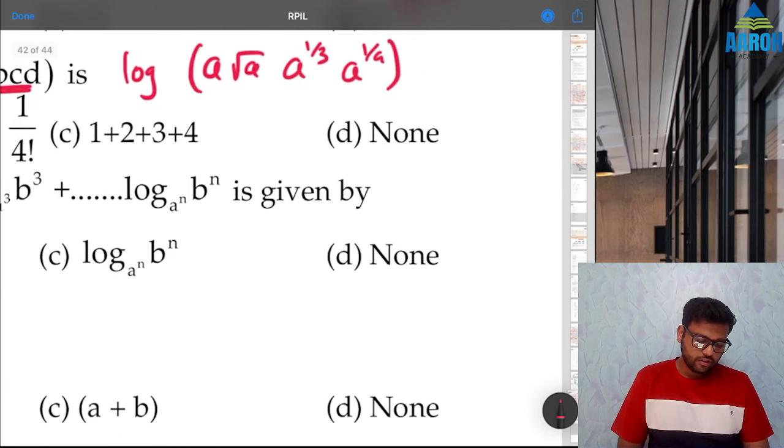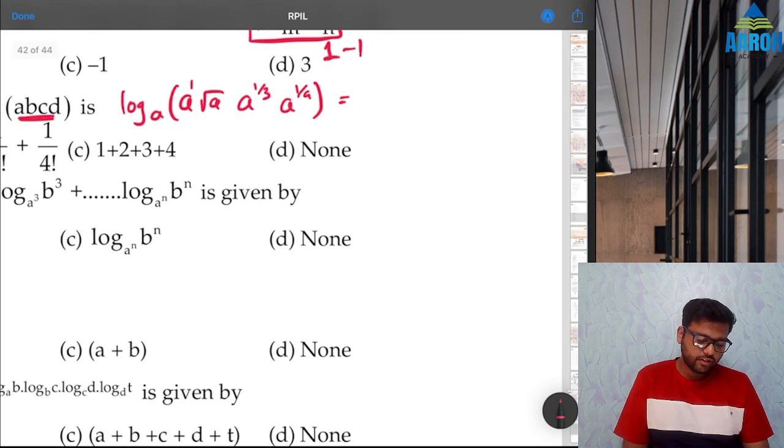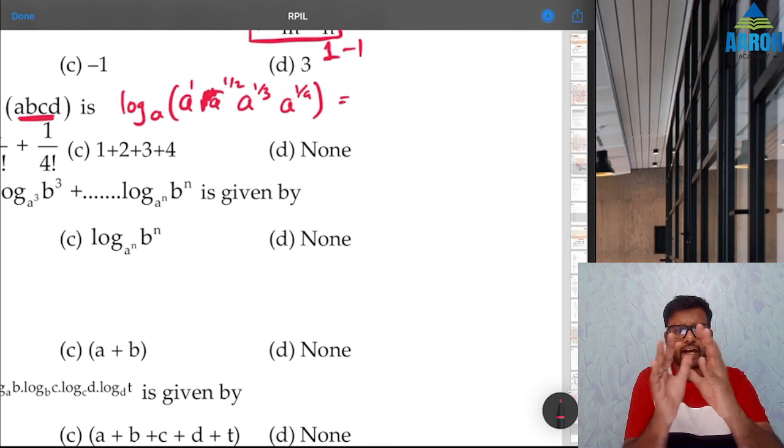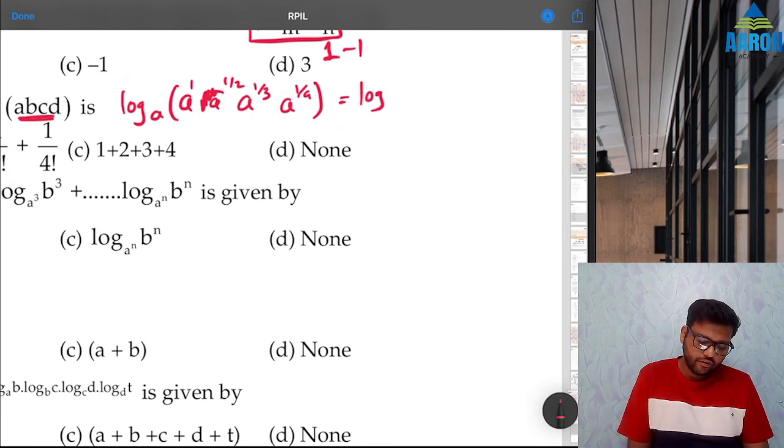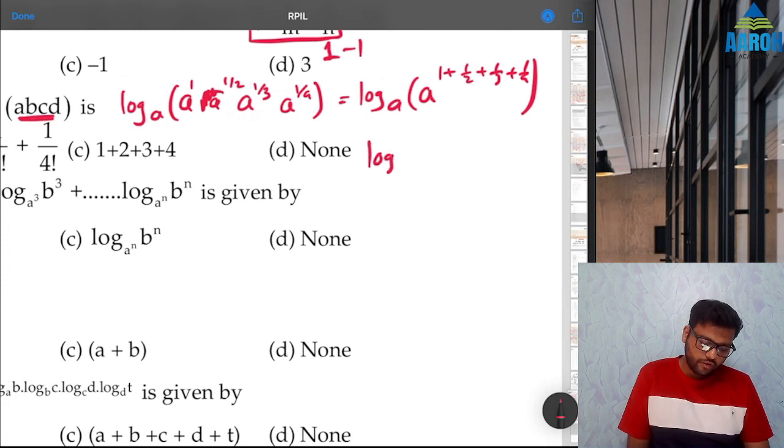To the base a. That means here we have a raised to 1 into a raised to half into a raised to 1/3 into a raised to 1/4. We can add the powers. So it will be log of a to the power 1 plus half plus 1/3 plus 1/4 to the base a. You know that log of b raised to n is equal to n times log b.